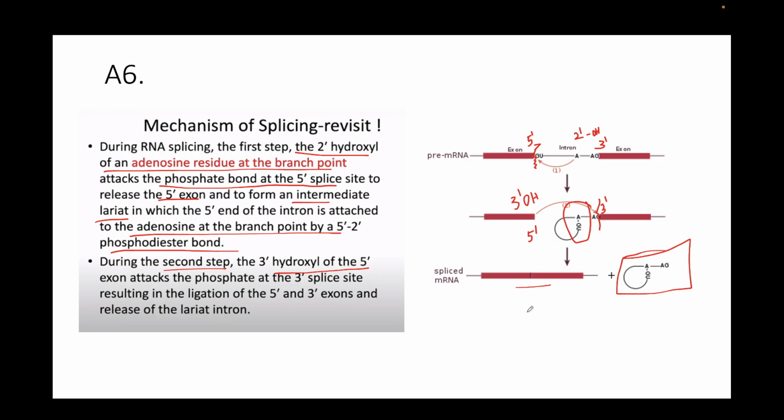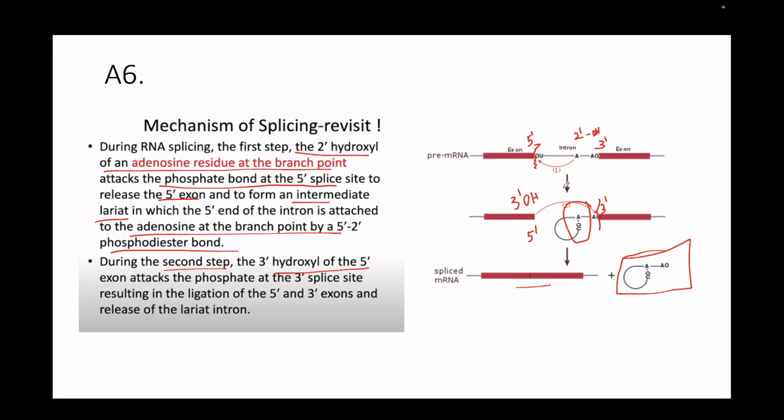Understood? So this process is called ligation. Ligation means another phosphodiester bond is produced which combines the 5' exon to the 3' exon. Overall, we can say there is a transfer of the phosphodiester bond from one point to another point, which is called a transesterification reaction.